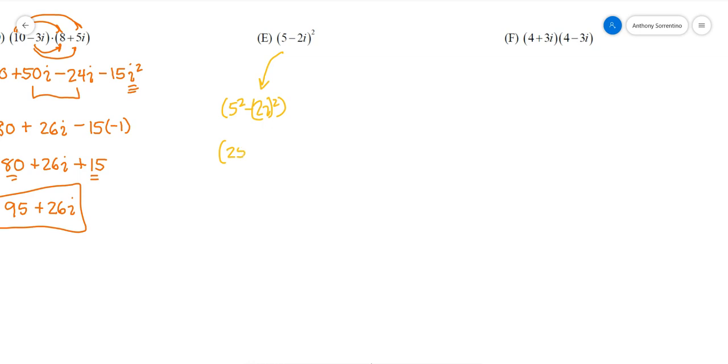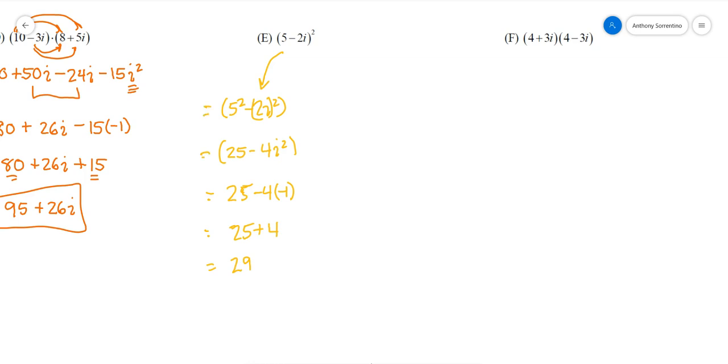That's going to be 25 minus, they get the 4. They might remember to do the i squared as well. Sometimes they don't square both parts of it. That's not the right answer because that's not in the right format. And they'll say, okay, 25 minus 4 times negative 1, which equals 25 plus 4, which equals 29.